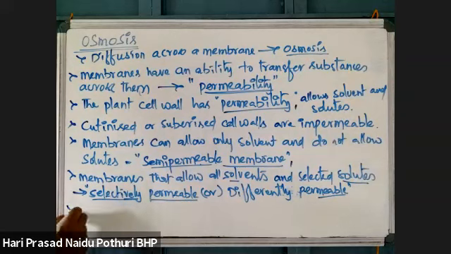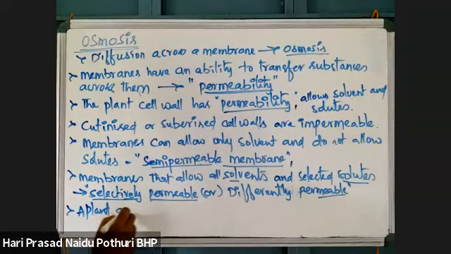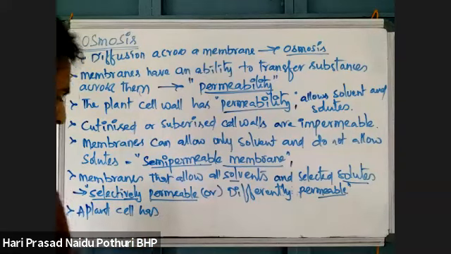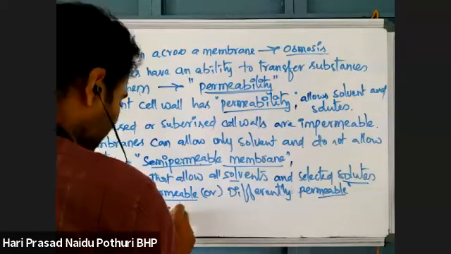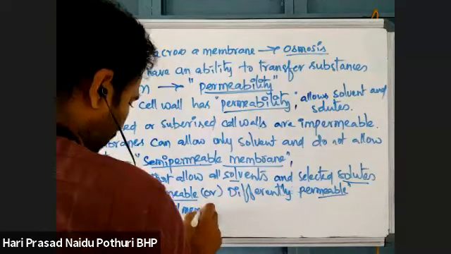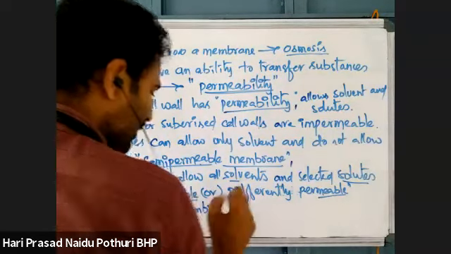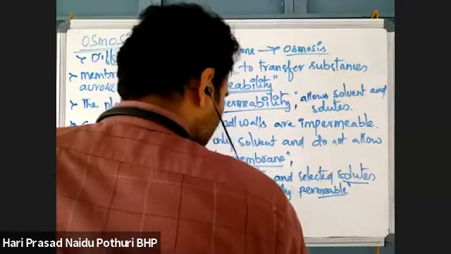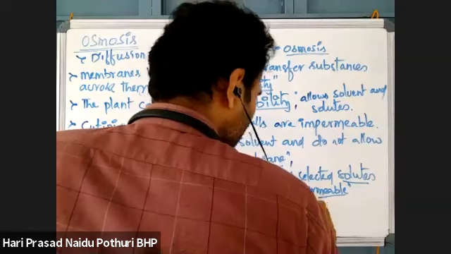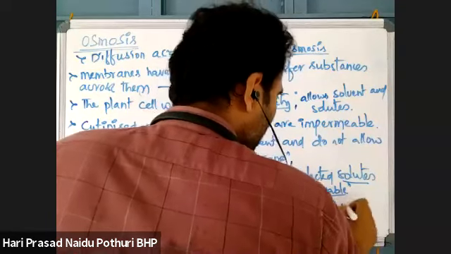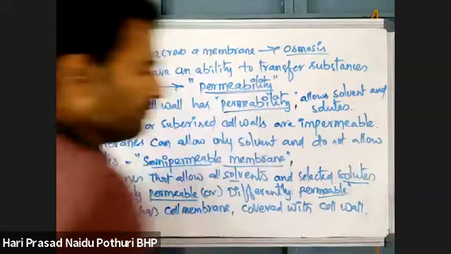Suppose you take a plant cell which has a cell membrane. That cell membrane is covered with or surrounded by a cell wall.